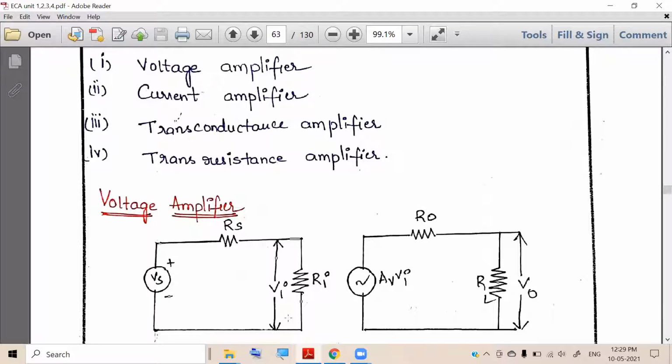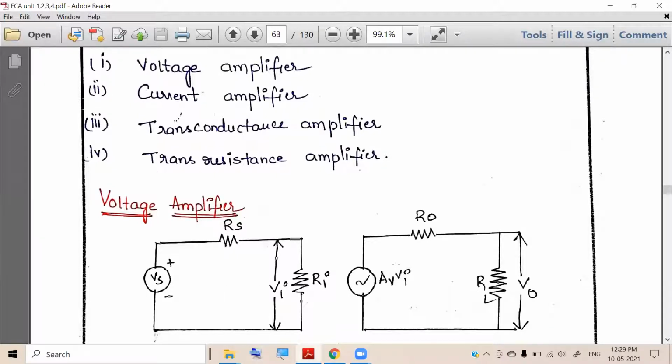What does the amplifier block consist of? Three components: Ri, AV Vi, and R0. In simple words, an amplifier has input resistance Ri, then voltage gain AV, or current gain, or both.